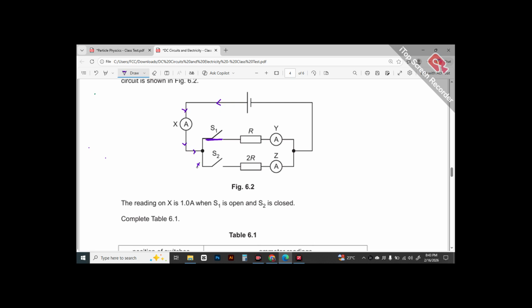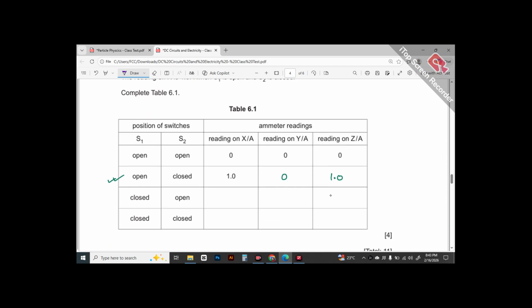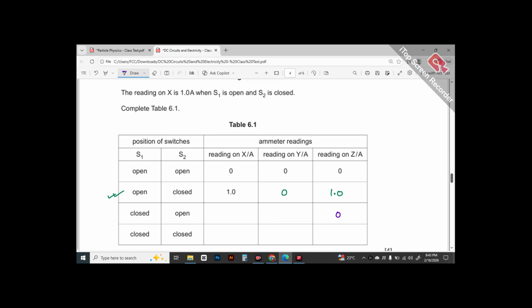This path is not possible. It goes here, here, passing through this resistor, the ammeter Y, and then back to the battery. This makes me conclude current didn't go for this path because the path was open. So the ammeter in this path would give us 0 current. The value of Z this time is going to be 0.